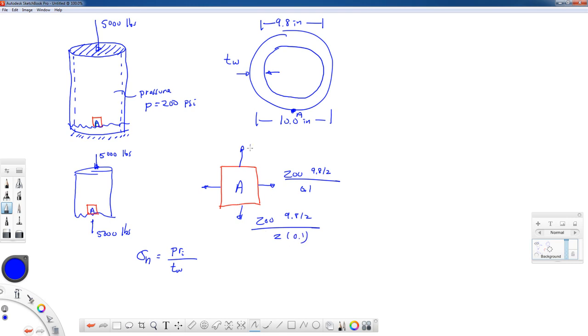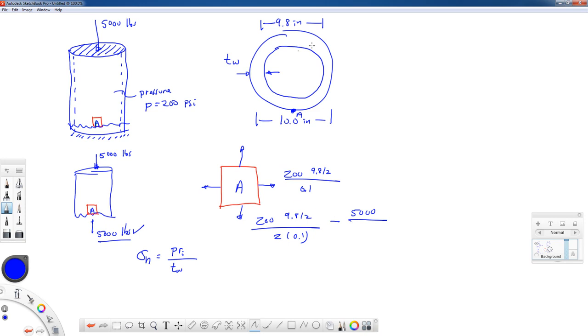But in addition to the tensile stress from the pressure, we're going to have a compressive stress due to the axial force on this pressure vessel. And since I've already drawn this arrow coming out, I'm going to subtract away the P over A stress from the axial force. So it's the force in the bar divided by the area of the cross-section, the area of the tube. Now we can use 2 pi R T if we want.